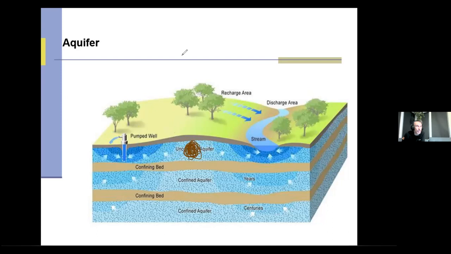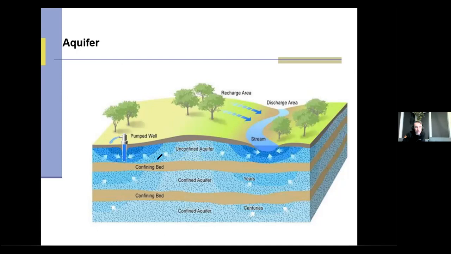Now, all of a sudden my water is moving towards this way. And it's basically going through this wastewater, or contamination is moving towards my pumped well right here. So always understand what is in your area or in your aquifer, because it could get drawn into that well.